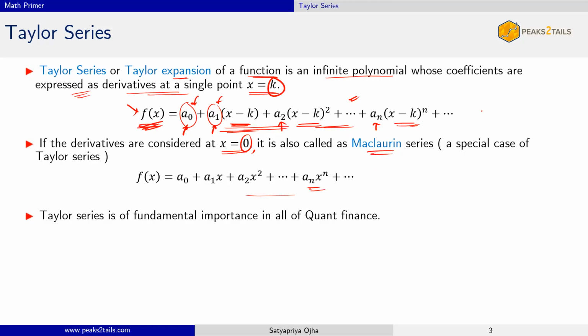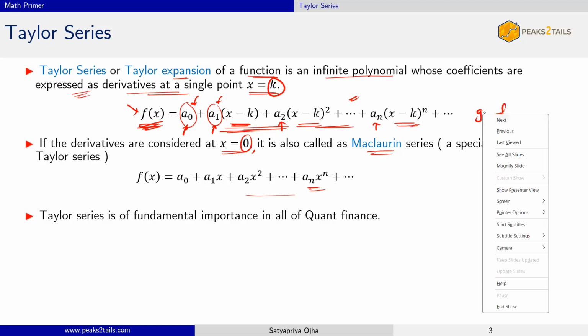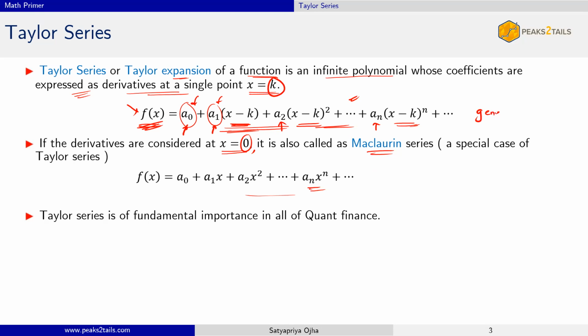So you see, this is more general, because it involves some parameter k that I can change. And this is specific to k equal to 0. It is fundamental in all of quant finance. Taylor series expansion is something you'll be writing probably 1,000 times in the entire course.